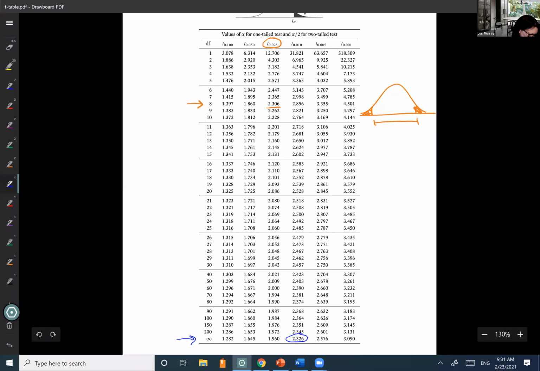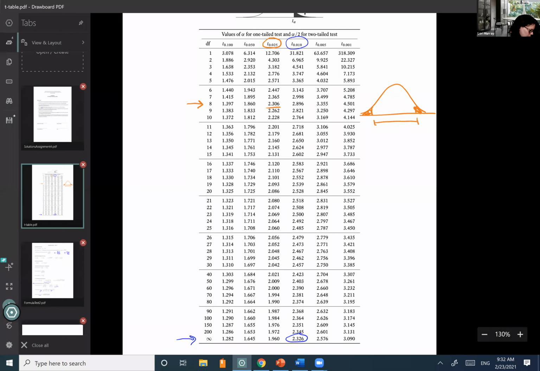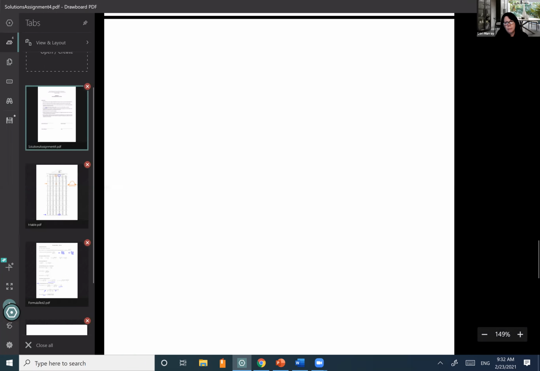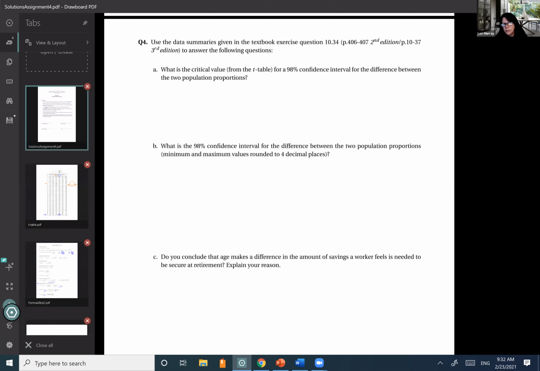That corresponds to this value, which is 2% divided by 2, right? Because you want to have 1% in each tail, because you want to have 98% confidence. So that's how you get that value. That's the Z value you'll use. Remember at the beginning of the review, I said whenever you're dealing with proportions, always use Z.